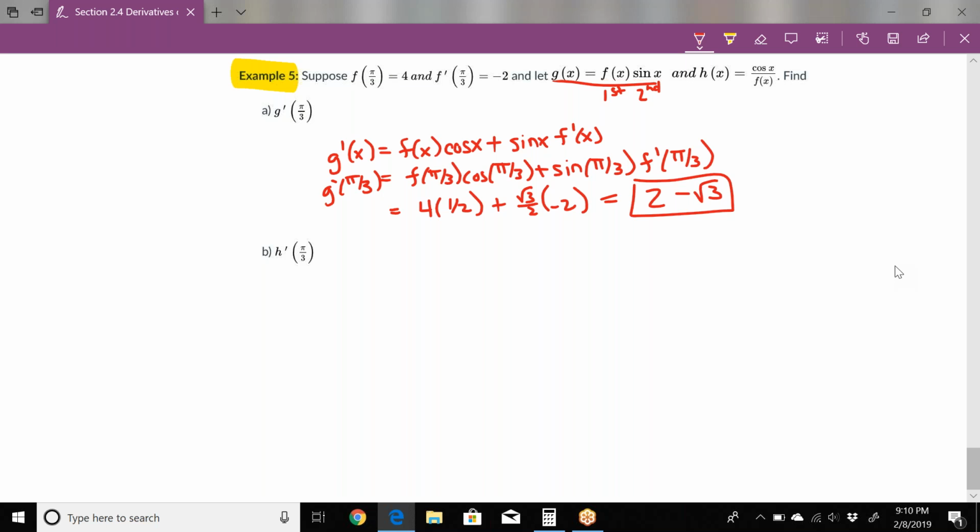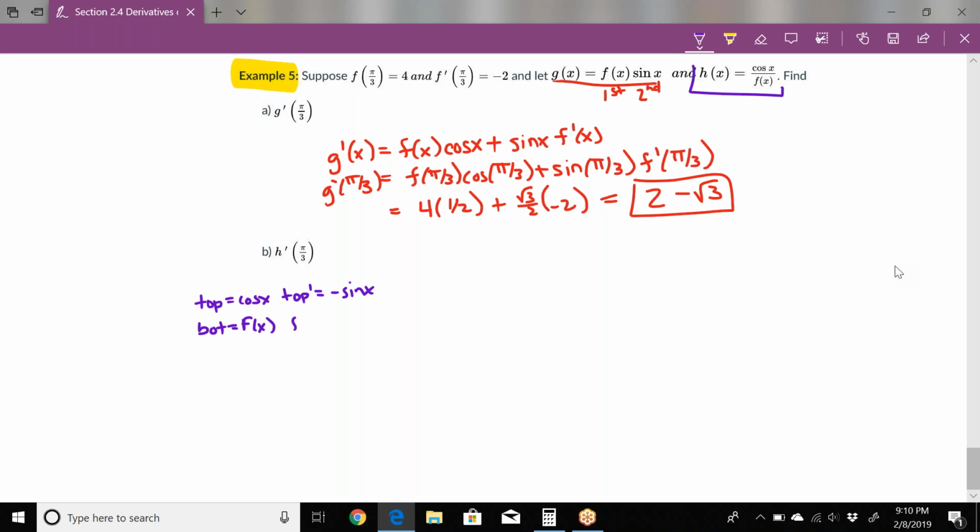So now for the next one, we're doing h prime of pi over 3. This guy is a combination function as well, and this is what we're taking the derivative of. So I might write this one out a little bit more. Top is cosine x. Top prime would then be negative sine x. The bottom is f of x.